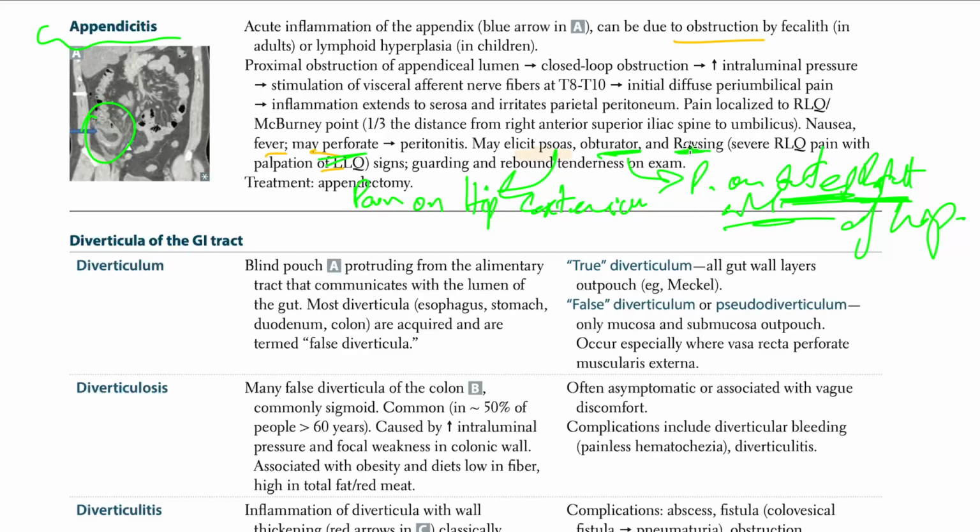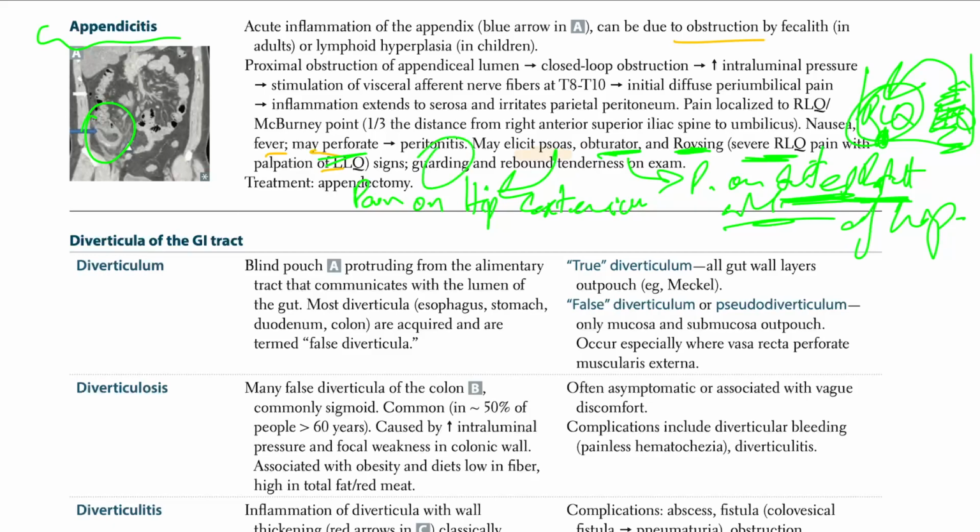Rovsing sign is severe right lower quadrant pain. You have severe right lower quadrant pain if you palpate the left lower quadrant. So you're palpating this area, but you're having severe pain here. That is the Rovsing sign.